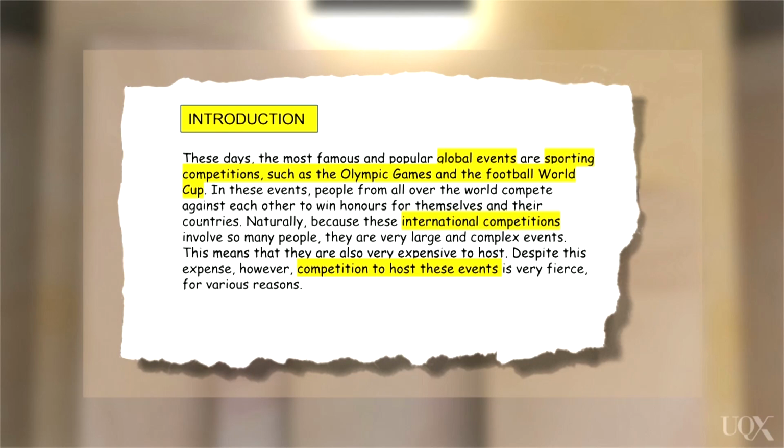This is the introduction. It introduces the topic and gives some background information. Then it gives the writer's position and gives a preview of what the essay will be about. Notice how the writer uses some of the information given in the question by putting it into her own words.